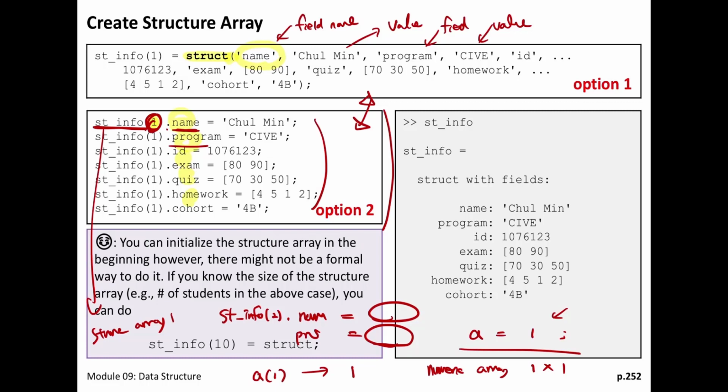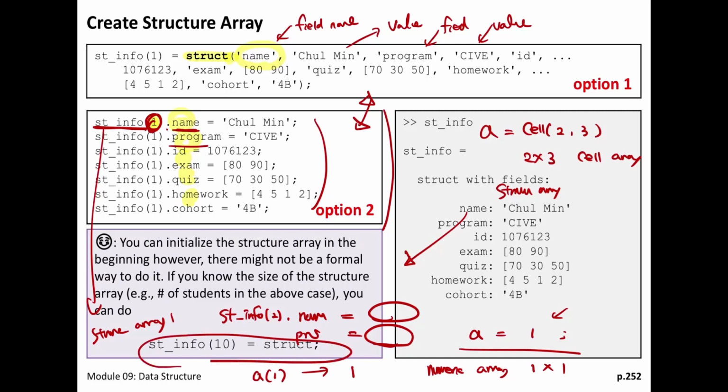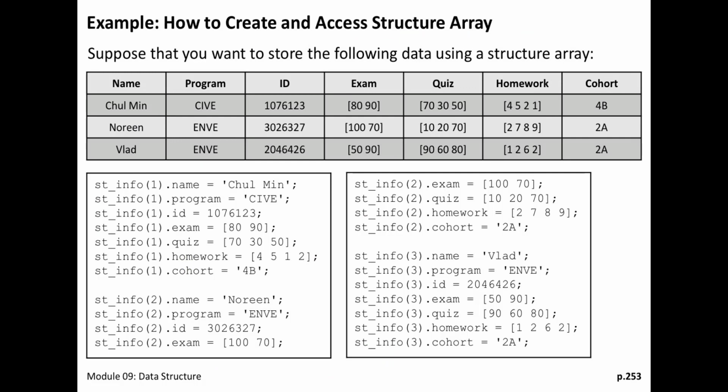In the cell array case, we can initialize the cell arrays like a cell, maybe A is a 2 by 3 cell array. For a structure array, there's no formal way to do that. So this is one way to initialize a 10 by 1 structure variable.